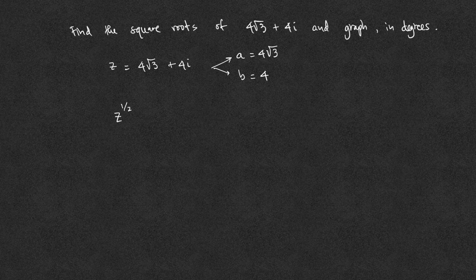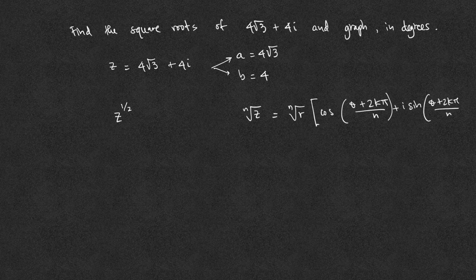We will use the n-root complex number formula, which states that the n-th root of z is the n-th root of the modulus times cosine of (theta plus 2k pi) over n plus i sine of (theta plus 2k pi) over n.